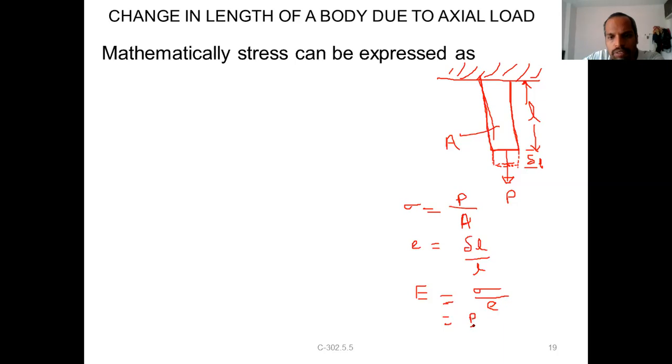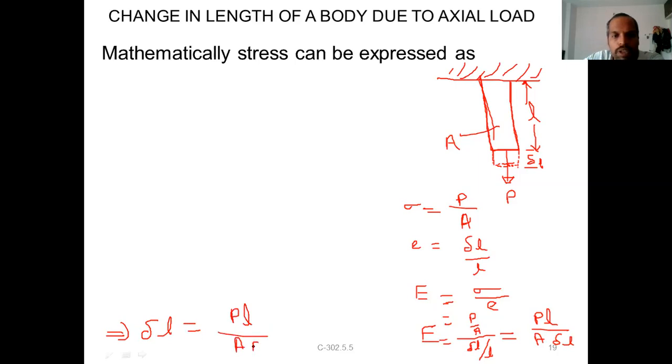It is P by A divided by delta L by L. The denominator goes to the numerator, so this is PL, and the numerator goes to the denominator, so this is A into delta L, all equal to E. From this we need the change in length, delta L. So delta L is equal to PL by AE.